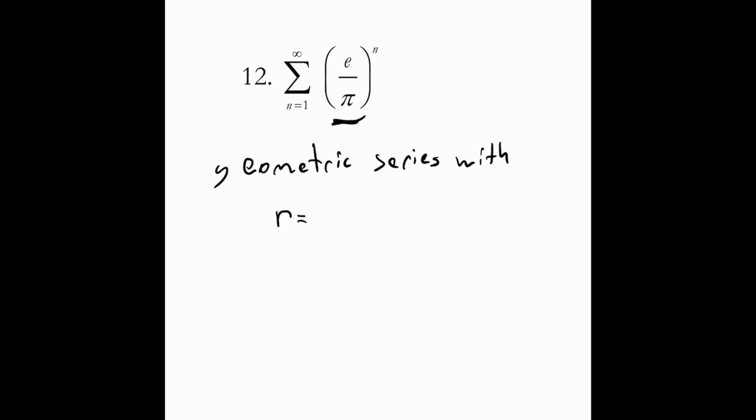Well, that is what we see in the parentheses, e divided by pi, which e is about 2.6 or 2.7, I don't remember, and then pi is about 3.14. So something less than 3 divided by something greater than 3, that is less than 1. So it converges.